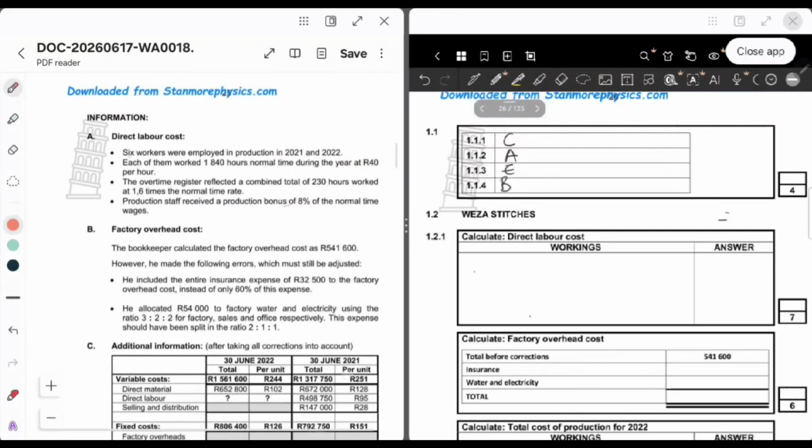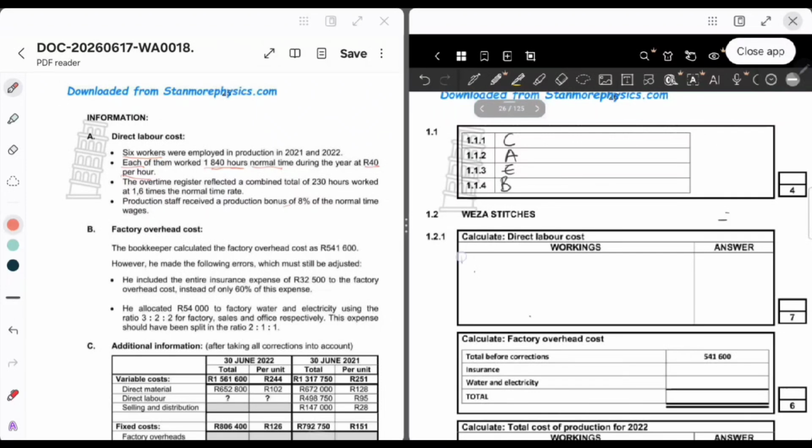They are saying that six workers were employed in production in 2021 and 2022. So the number of workers is 6. Each of them worked 1,840 hours each, right? Normal time during the year at 40 rands per hour. That is the rate per hour.